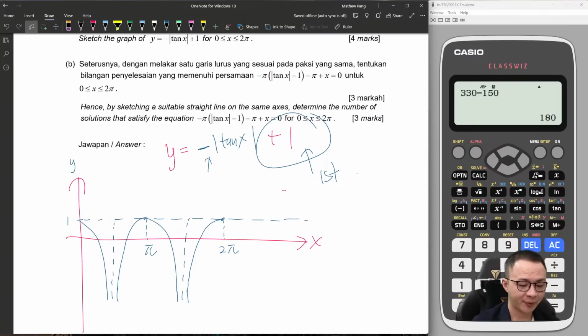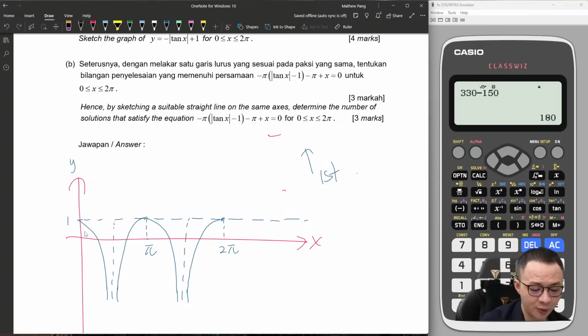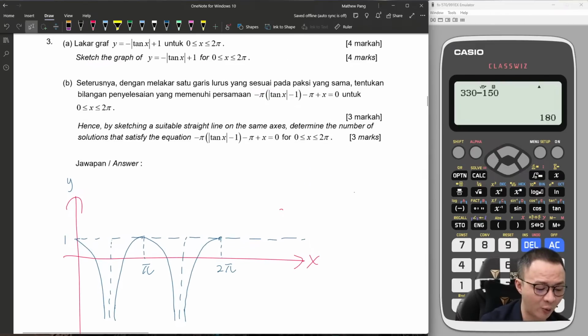Part B. For part B, I want to sub my y into that. Since I know my y is negative modulus tangent x plus 1, I will divide by pi for every single term.